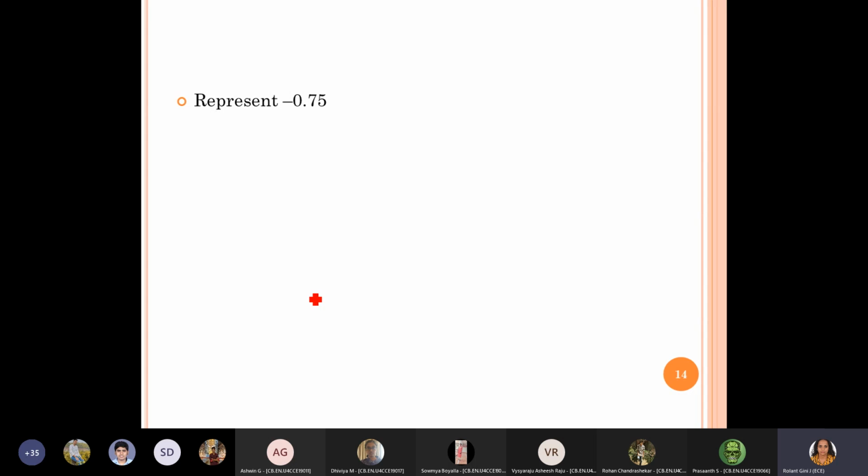Convert it into binary, then normalize, and then represent the number in both single precision as well as double precision format. Okay, convert, normalize, then you go for representation. Hope I made myself very clear.